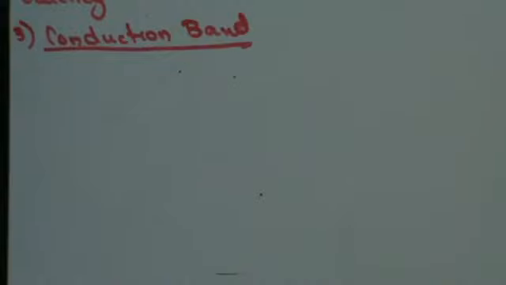There are some electrons in the valency orbit which have acquired sufficient energy and are no longer under the influence of the nucleus. All such electrons are present in a band of energies called the conduction band. So it is that band which contains all free electrons. Fine, do we get this clear?